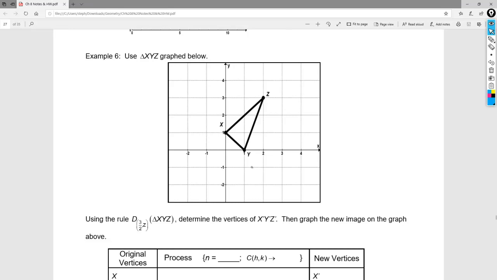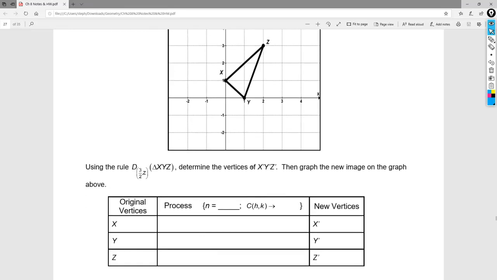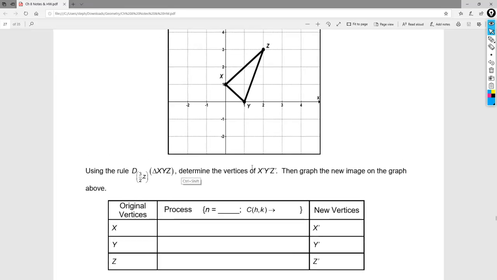So we have triangle XYZ below, and we want to use this rule right here. So 3/2 and then centered at Z. Okay, so we're centered right here. We want to determine the vertices of my image and then graph the image. Okay, so first things that I note are this is going to be an enlargement because I am multiplying by something greater than 1.